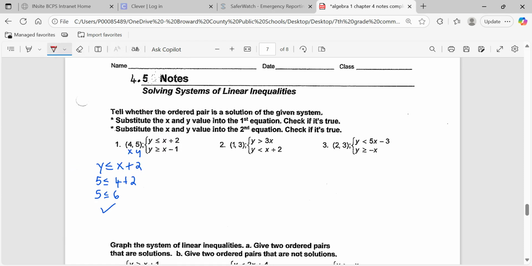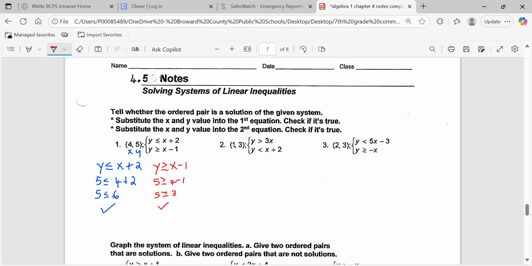So now let's check the next one. Let's check that in red. Y is greater than or equal to x minus 1. That's the second equation. Y again is 5. So 5 should be greater than or equal to 4 minus 1. 5 is greater than or equal to 3. Is that true? Yes.